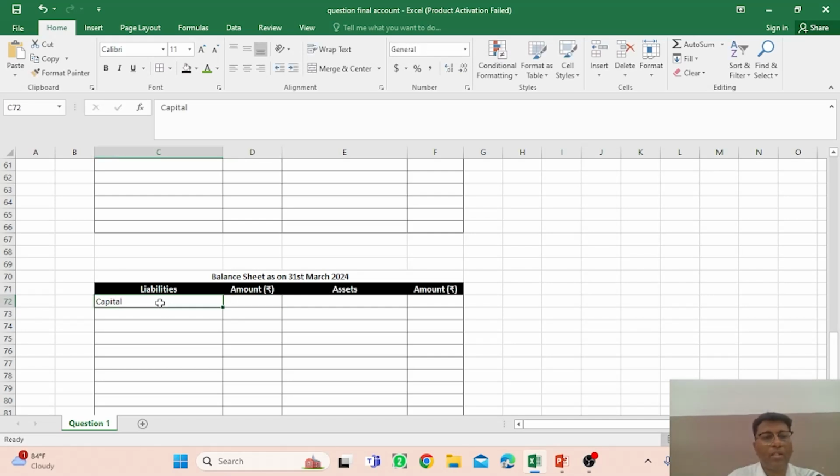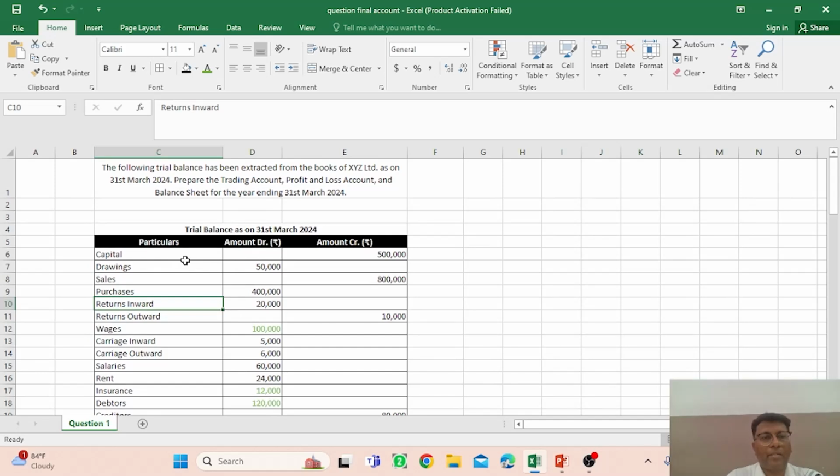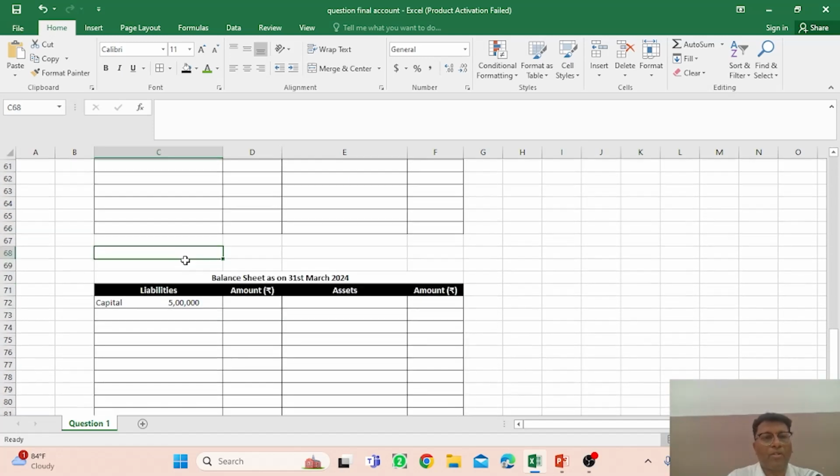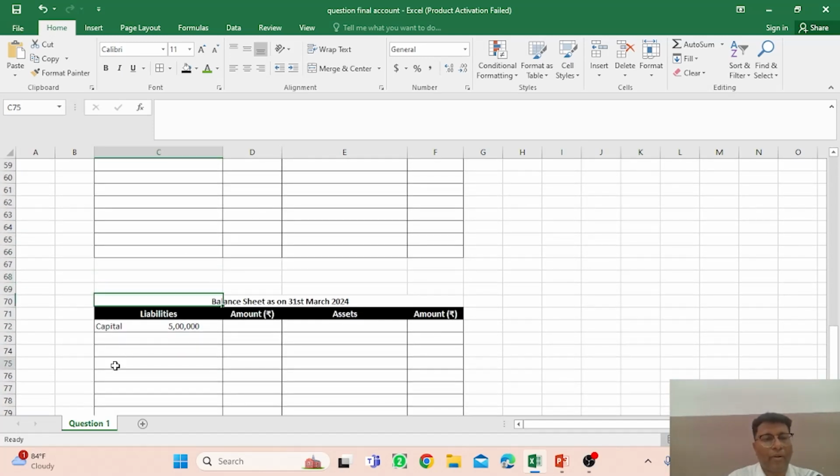You should mention this particular amount on the inner side, because some amount of net profit would be added to it, and if drawings are given in the question, you have to subtract. So 5 lakh is your capital, and drawings 50,000. Yes, so you have to mention 50,000 drawings. Leave two lines because you have to add the profit.